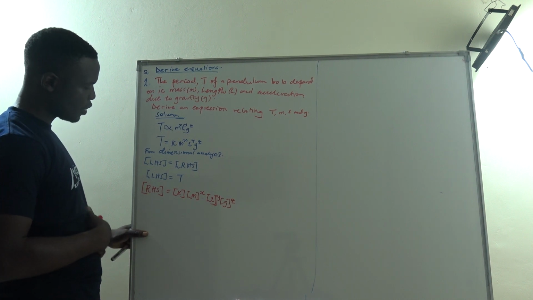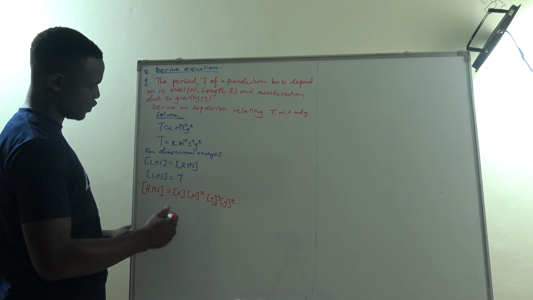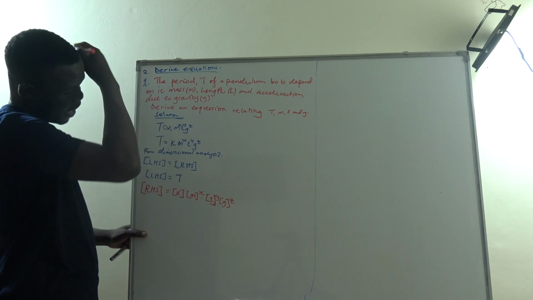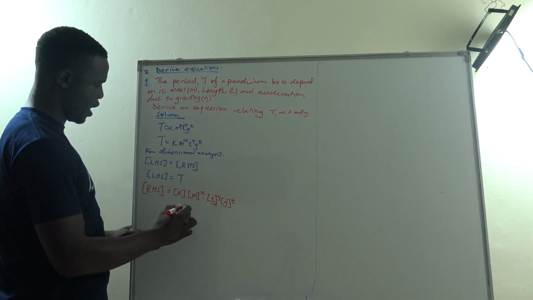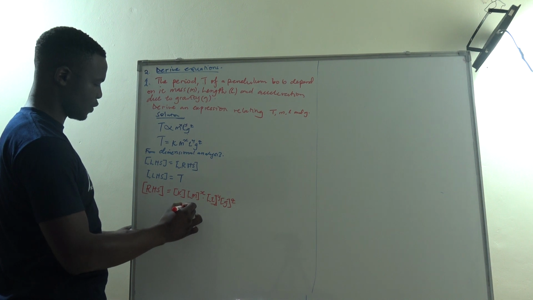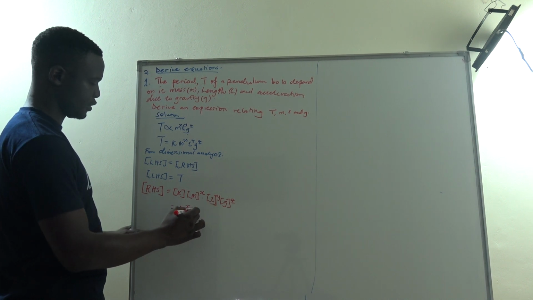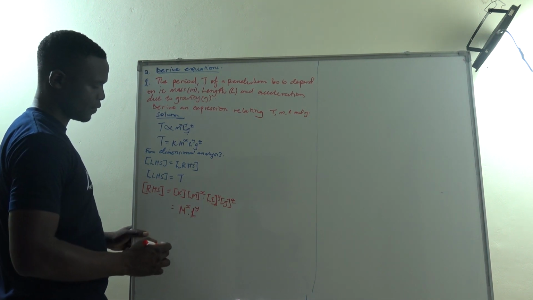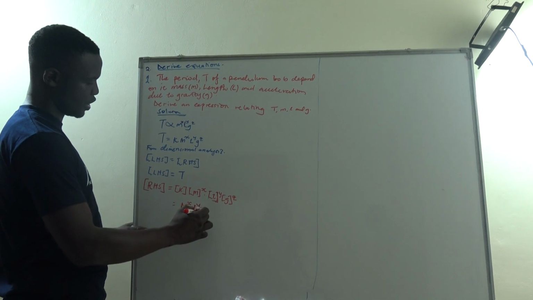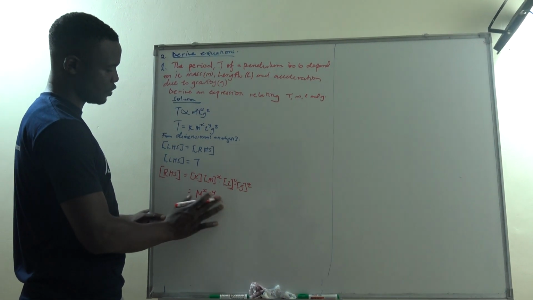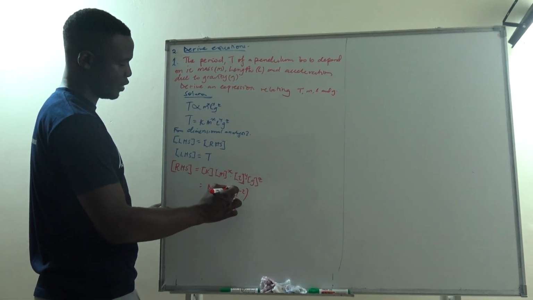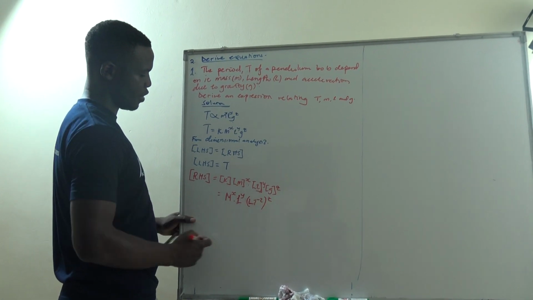Now, k is a dimensionless constant, so it will remain as k. m is the mass whose dimension is capital M power x, times l, the length whose dimension is capital L power y. Then g is acceleration whose dimensions are L T power negative 2, all to power z.